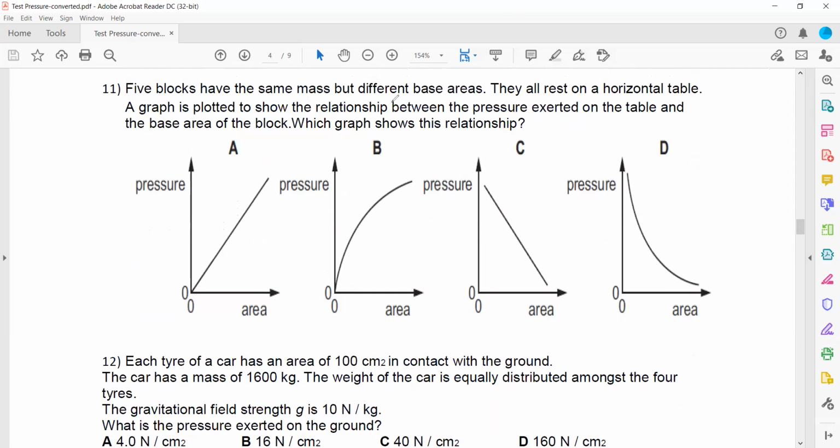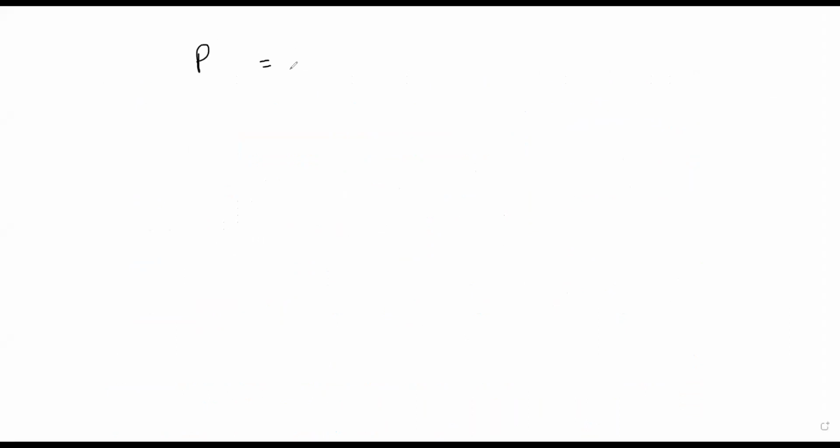Five blocks have the same mass, but they have different area. A graph is plotted to show a relation. Because we know the relation between pressure, we have the formula: pressure is equal to force acting on unit area.